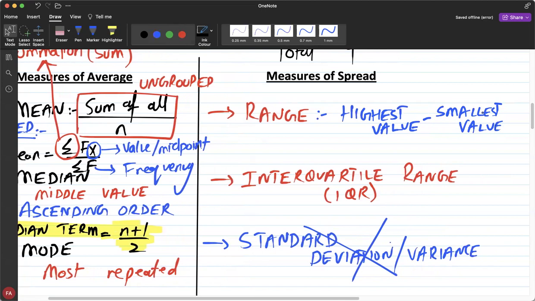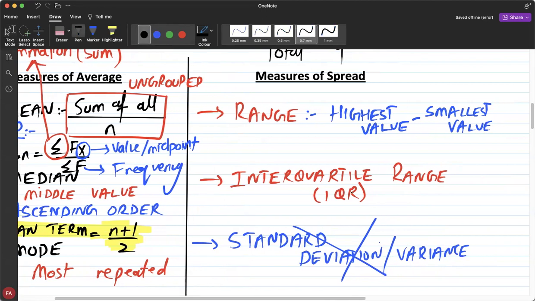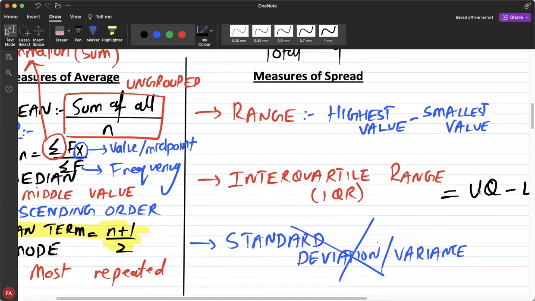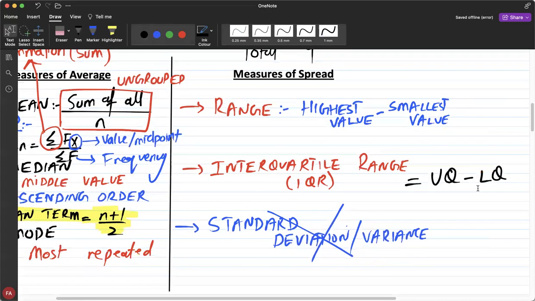Again, it has the same meaning, so it doesn't really matter. In a similar way, this IQR, the interquartile range, is something we calculate using upper quartile minus lower quartile. Again, what do the words upper quartile and lower quartile mean? You'll be able to understand this better, hopefully, in the videos that I'll be uploading after this.